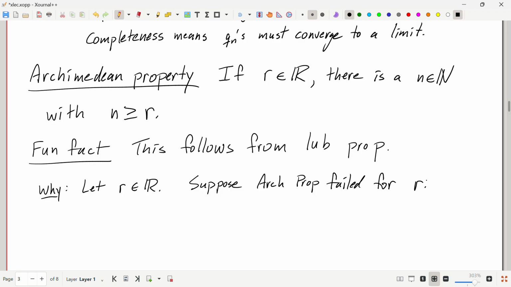Well, then that would mean there's no n that's bigger than or equal to r, which means that all the n's are less than r.